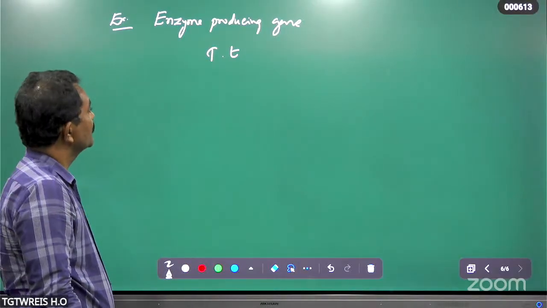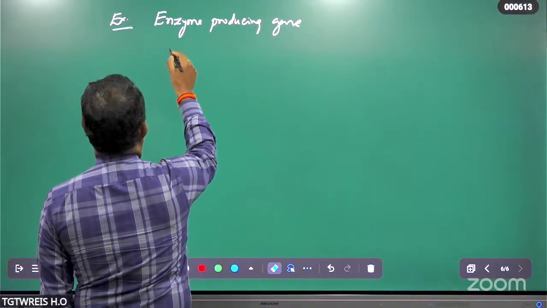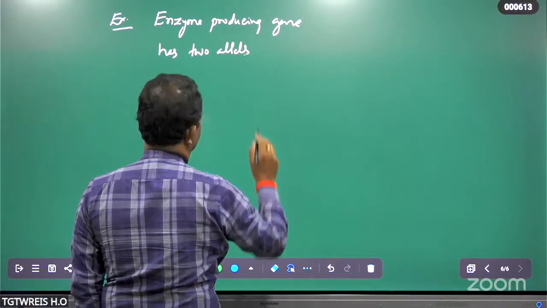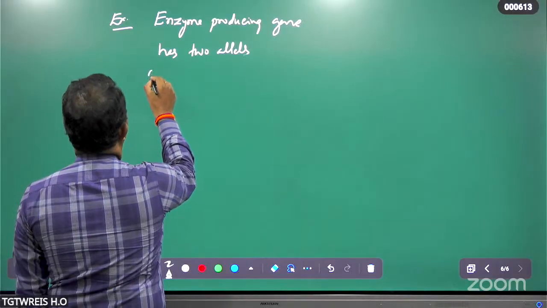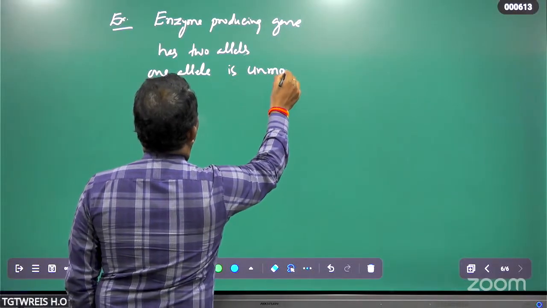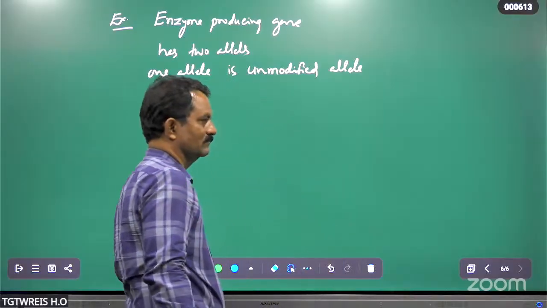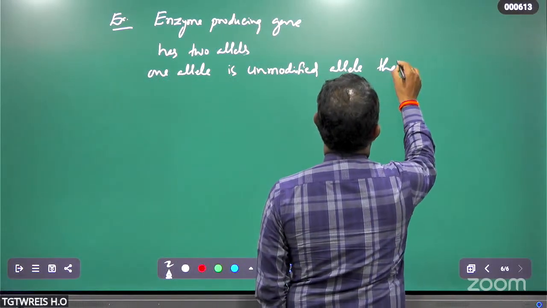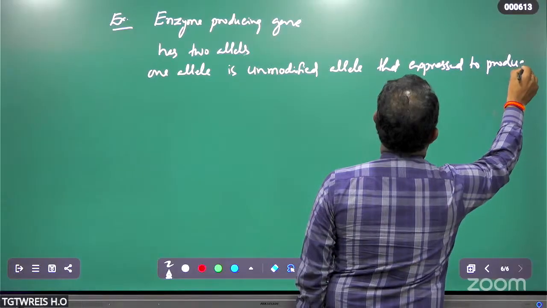This enzyme producing gene has two alleles, which are alternative forms, in which one allele is the unmodified allele that is expressed to produce an enzyme.